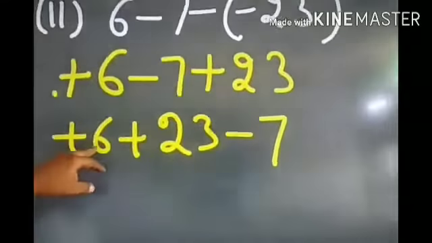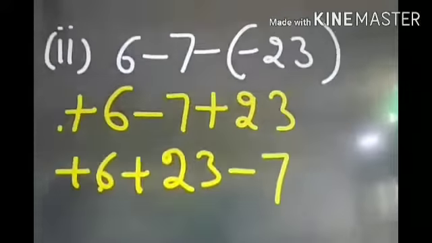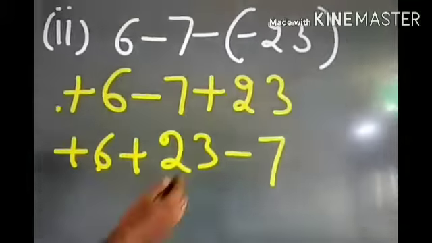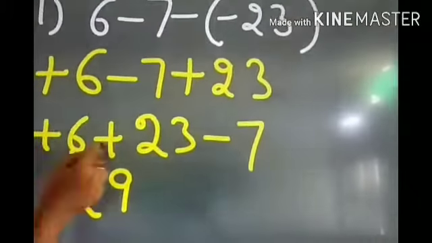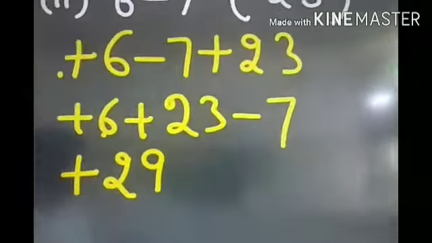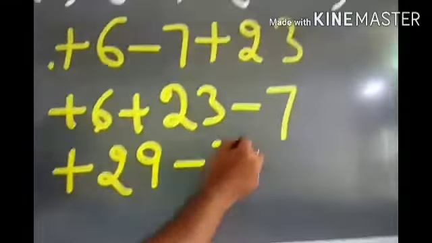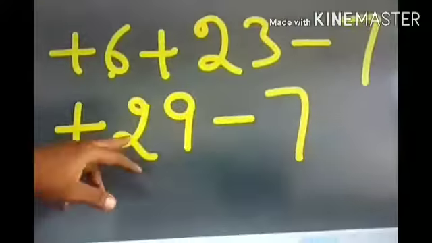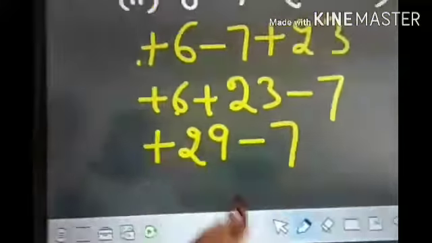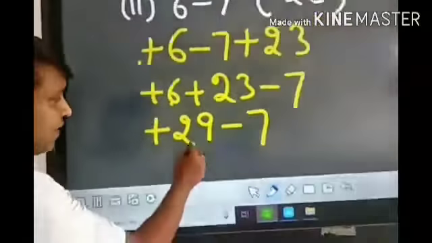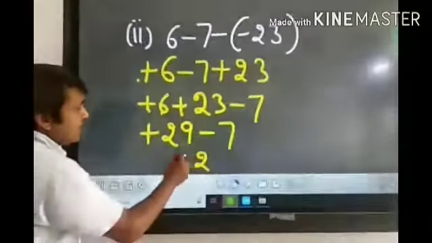Now, you will see this is plus 6 and plus 23. Both are positive integers of like sign, therefore I will add them. Their addition is 29. And what is the common symbol? That is plus. And here we see, now, this is positive and this is negative. Both are unlike signs, therefore I will subtract 29 minus 7, that is 22.